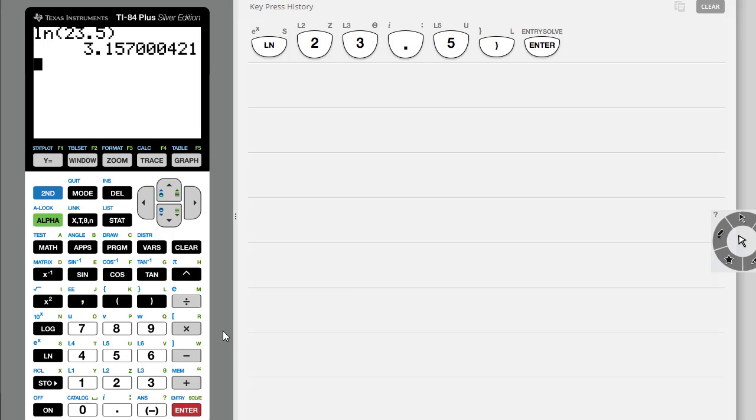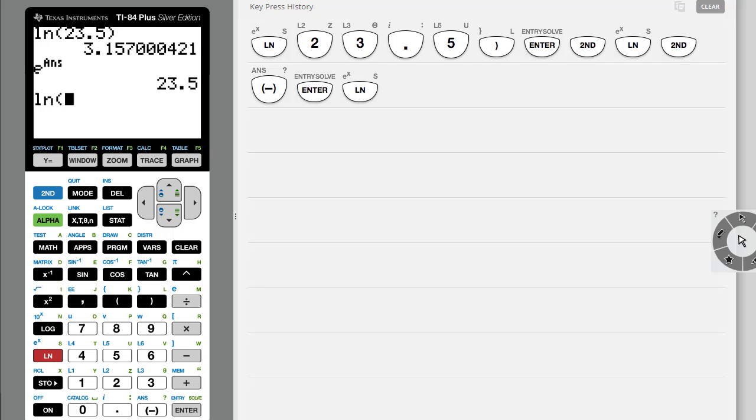How could I check this answer? Raise what to that answer? E. Okay, so if I come down here and say second natural log, that gives me E with a place for the exponent. And second answer, we get 23.5. All right. Natural log of 0.48 is what?